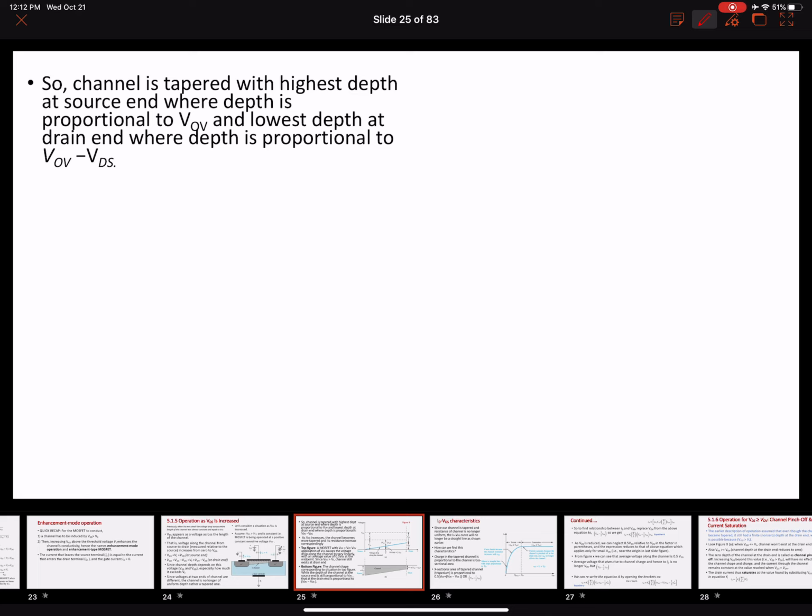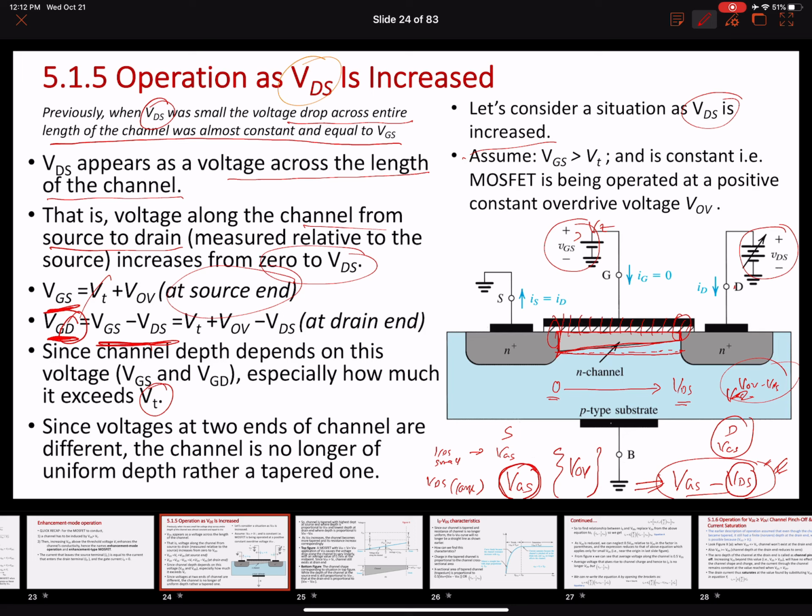So we talked about this. The channel is tapered with the highest depth at the source end, where depth is proportional to the overdrive voltage, and the lowest depth at the drain end, where depth is proportional to the overdrive voltage minus VDS. This is what we just talked about, right? More importantly, we are talking about the larger VDS case.